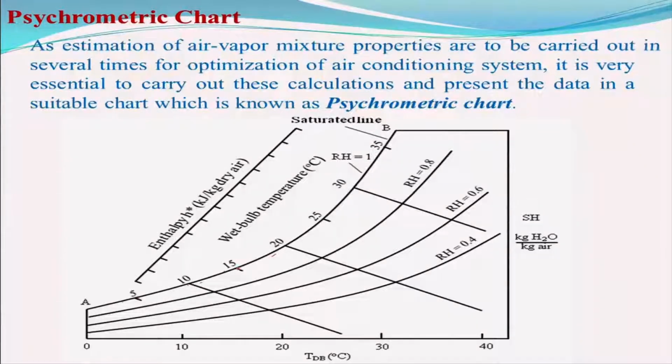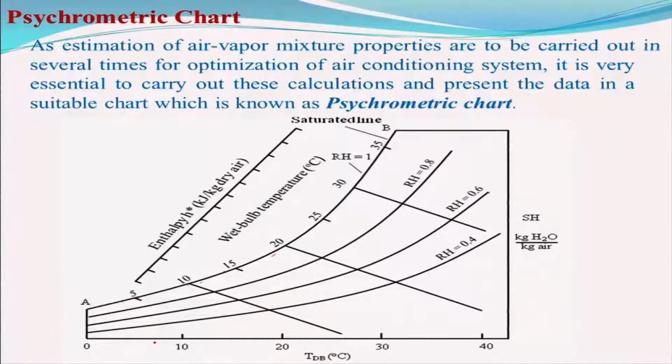Keep in mind that the other relative humidity lines are parallel to this curve. Let us say this is 100% relative humidity, that is 1, and relative humidity 0.8 is given here, then 0.6, 0.4, 0.2.